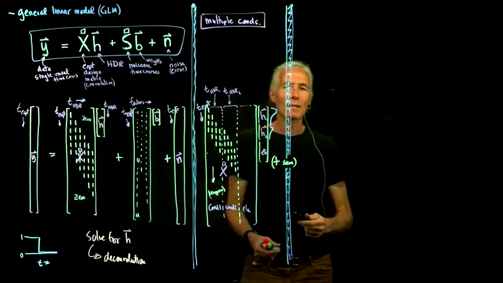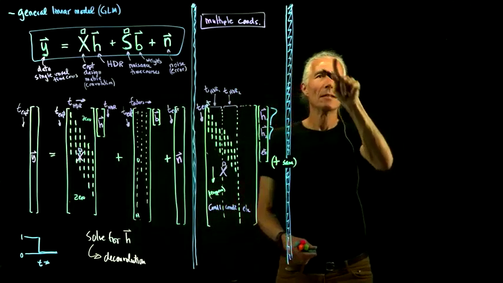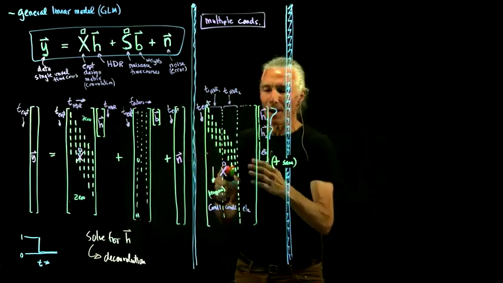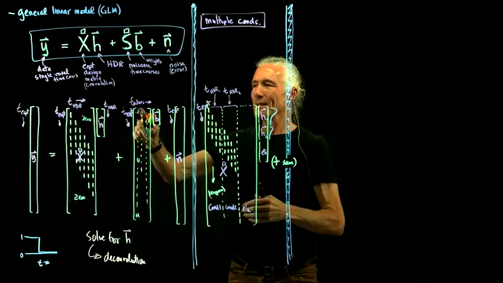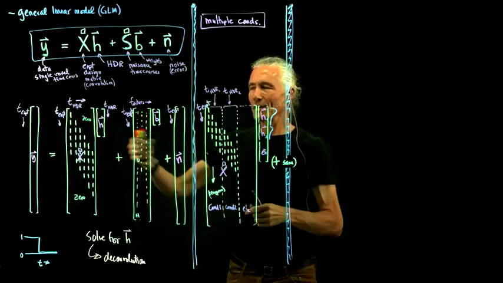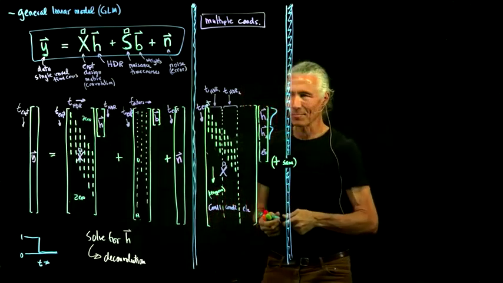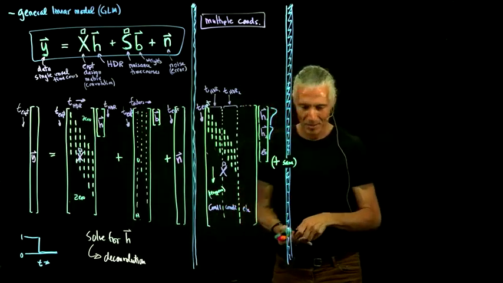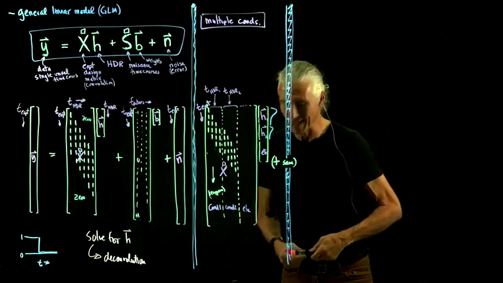So sometimes people just glom on the nuisance factors onto the experimental design matrix. That sort of simplifies. It makes fewer letters, and mathematicians always like fewer letters.